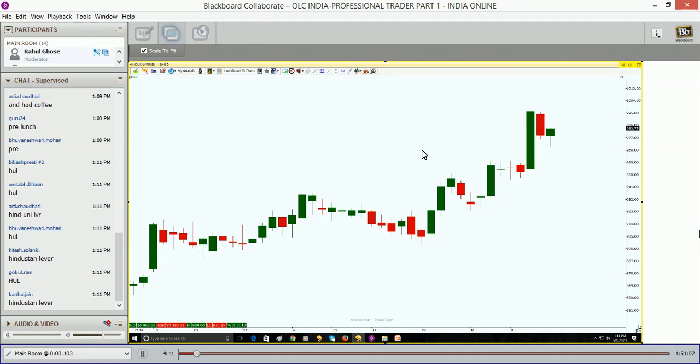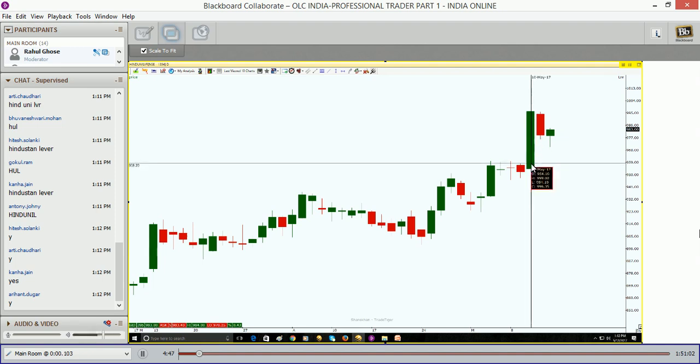Step number 1 says that I look left and down, starting from my current market price, till I find an explosive move in price. If my current market price is 903.40, and if I look left and down, can you see an explosive move over here? Yes, no? Absolutely, you have an explosive move in price.